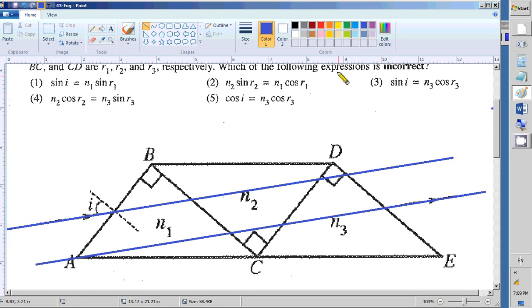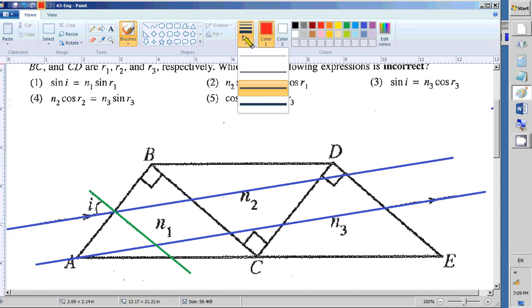Now we can find out some details about this angle I. This one is the normal to the plane AB, so I extend it like this. Let us see if there is a relationship between these angles, because we have to start solving this problem from somewhere.